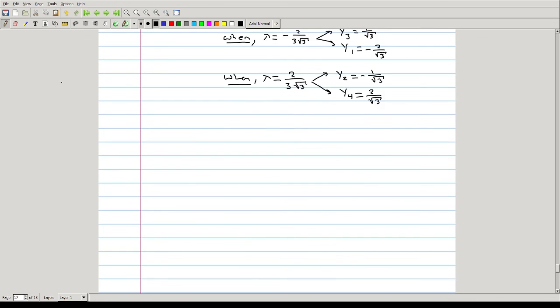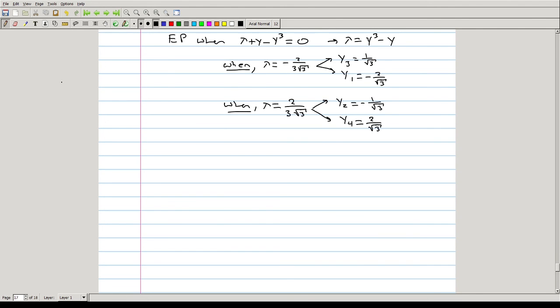So the phase line diagram for this example has to be split into all these possible values of lambda.